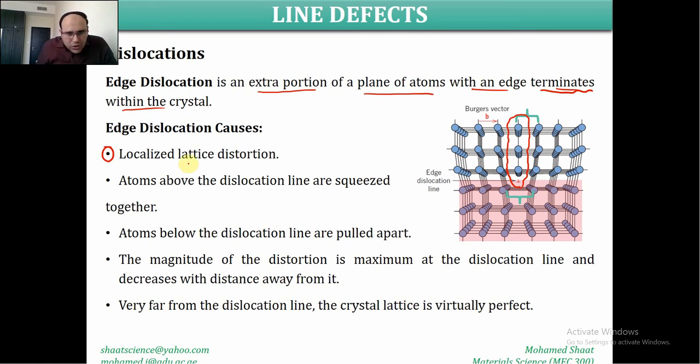So what is a lattice distortion and what does localized mean? Lattice distortion, as I said, means the plane of atoms will not be straight anymore. So this would be counted as a form of lattice distortion. The region around this dislocation will be differently represented.